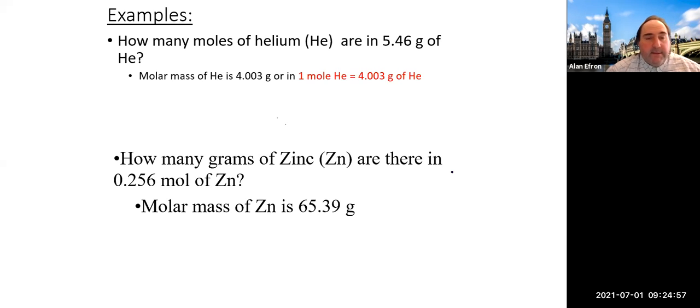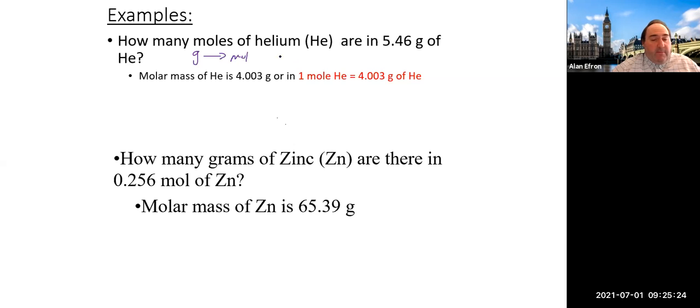Okay, let's take a look at these guys here. So doing the first one there, how many moles of helium are there in 5.46 grams of helium? So again, we got mention of moles, we got mention of grams. We have no mention of atoms or molecules or anything like that. So obviously we are not going to use Avogadro's number. We're basically, again, here going from grams to moles.